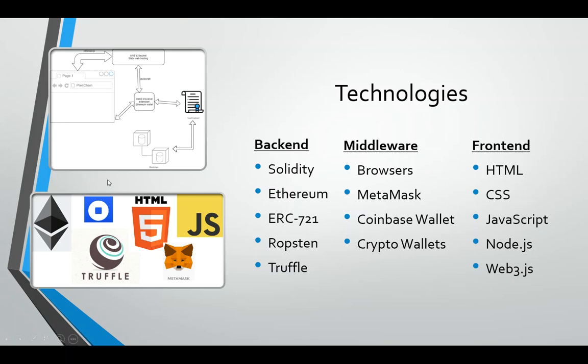So MetaMask is a plugin, which I'll go into in a few minutes when I do the demo. It's a plugin to your browser to enable it to connect to Web3 systems such as Ethereum, EOS. MetaMask only works with Ethereum, but I won't get into that right now, and any other crypto wallets that you might use. I'll show you how my Coinbase wallet can interact with this particular contract as well during the demo.